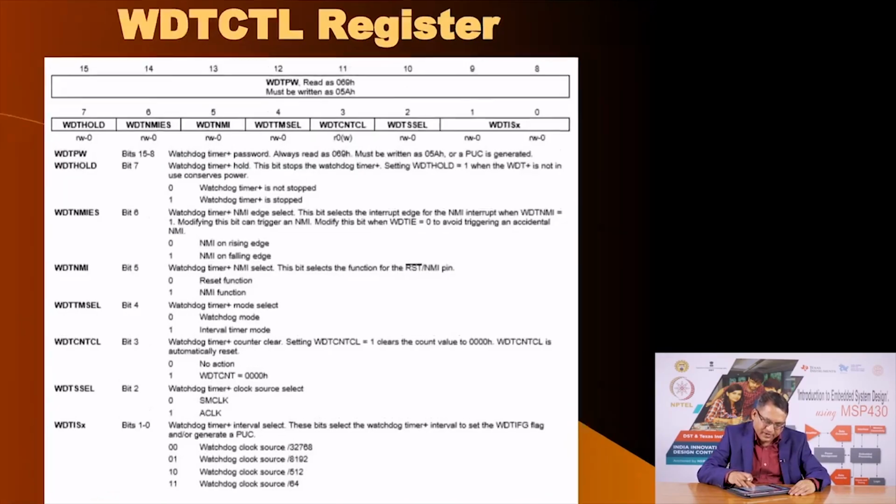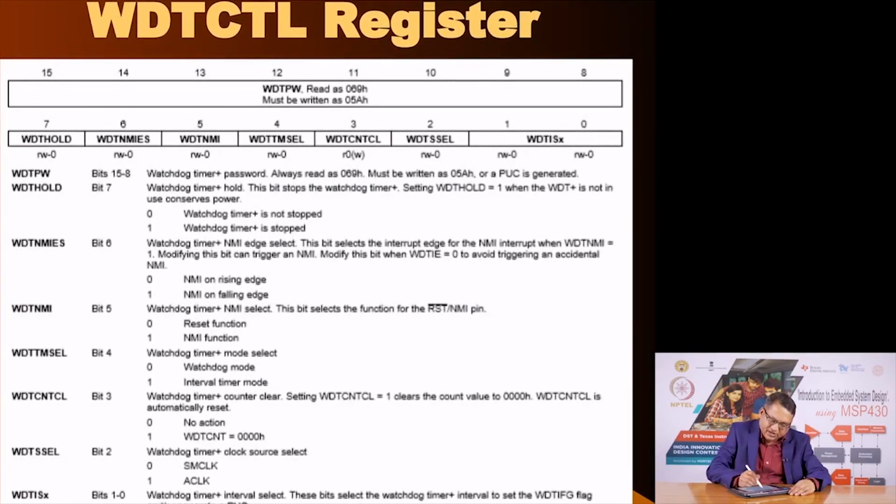These are the bits. As you see, this is a 16 bit register, this is for the password, read or write, and these are the effective 8 bits. Let us go through the important ones. This is used to hold the timer, meaning with this bit you can stop the timer. With this bit you can decide whether you want the RST NMI pin to act as RST pin or NMI pin.